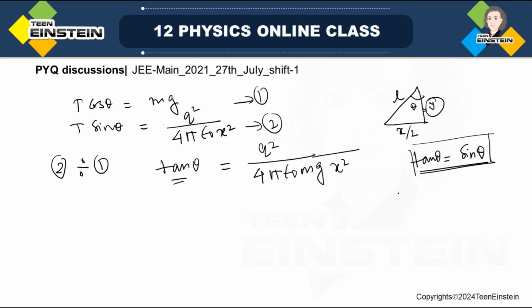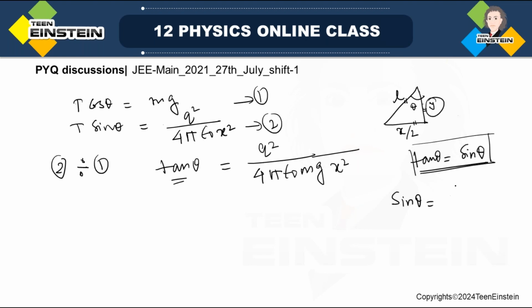Okay. So sine theta will be, so this is base, this is perpendicular by, so sine theta means perpendicular by hypotenuse.